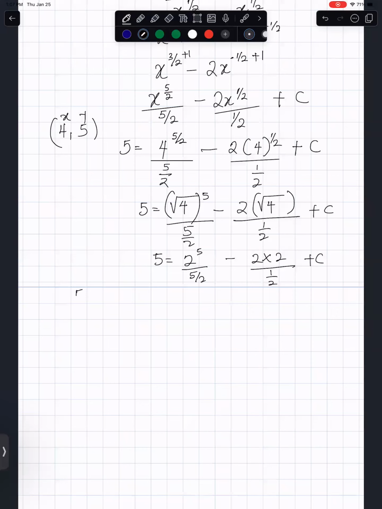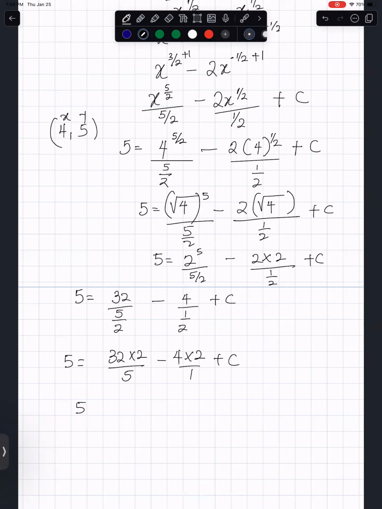So we have 5 is equals to 2 raised to the power of 5 will give us 32 divided by 5 over 2 minus 4 divided by half plus c. So 32 divided by 5 over 2 will give us 32 times 2 over 5 minus 4 divided by 1 over 2 will give me 4 times 2 over 1 plus C, which is equals to 5.